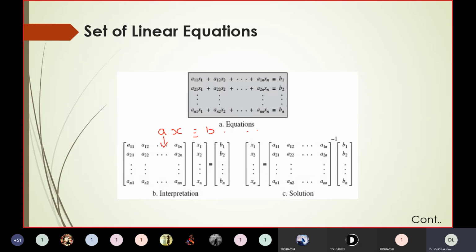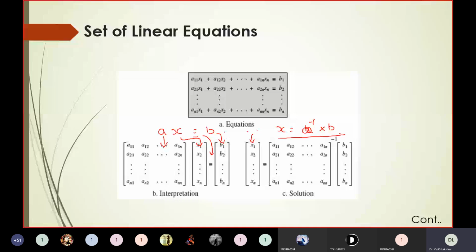So here a, this is x, and congruent modulo, then b. So the equation should be divided in this way. Only x values are on the left side, and this entire matrix is moved towards the right side. So that is a inverse and b.